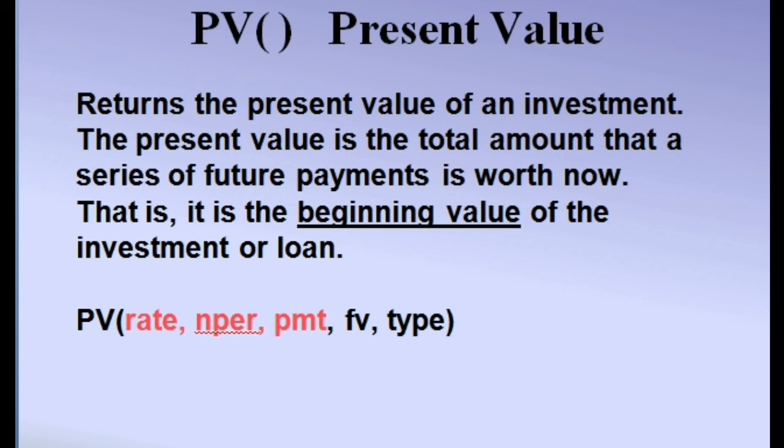So the formula is equals PV in bracket rate of interest, then NPER means number of periods, PMT means periodic payment, FV means future value, and the type may be a 0 or 1. 0 means payment at the end of the period, and 1 will show payment at the beginning. So this is the formula.